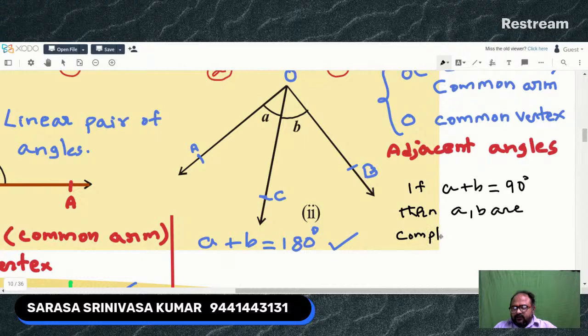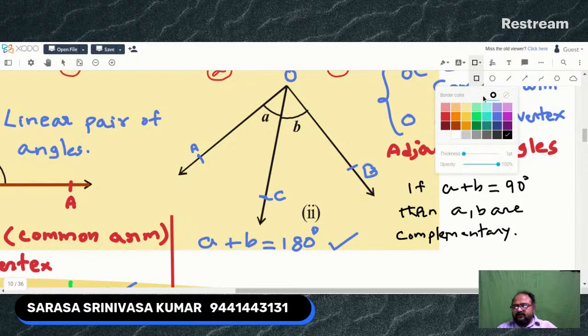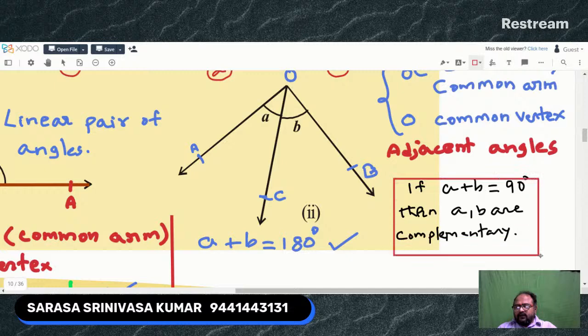You take your textbook and measure the angles. You check whether the sum of the two angles in the diagram forms 90 degrees or not.